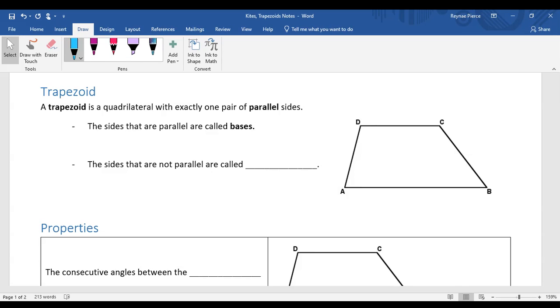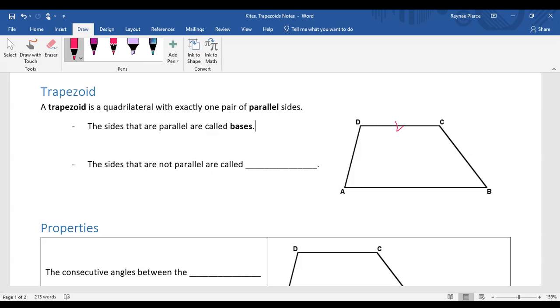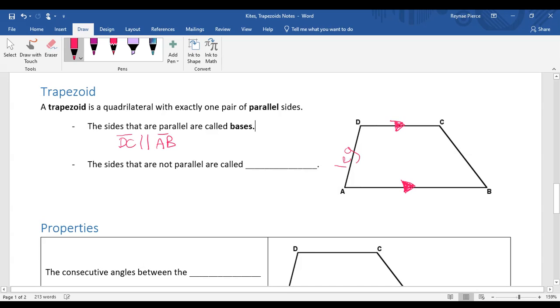Here in this picture to the right, DC is a base, and it is parallel to AB, the other base. Now the sides that are not parallel, in this picture it's AD and BC, those are called the legs.